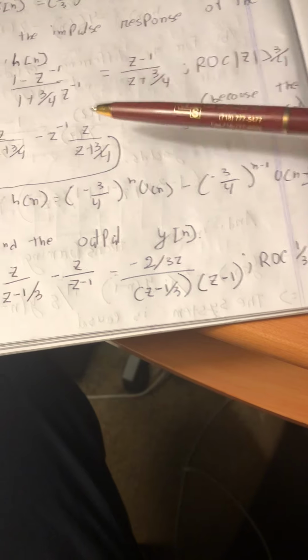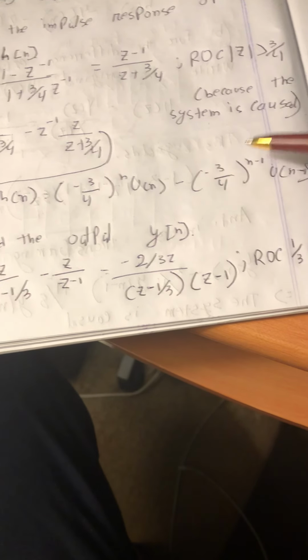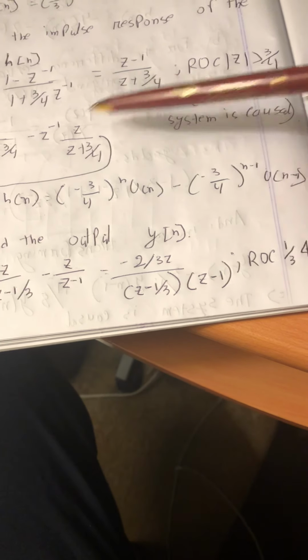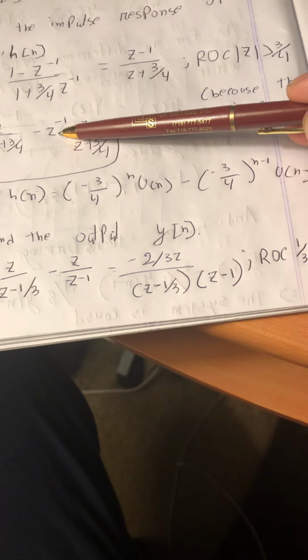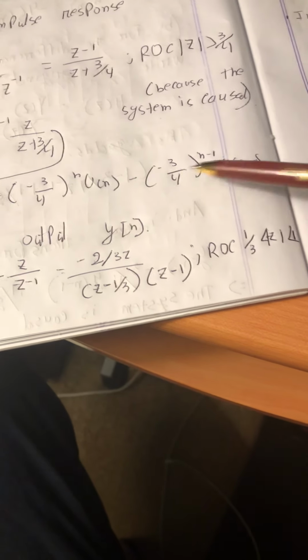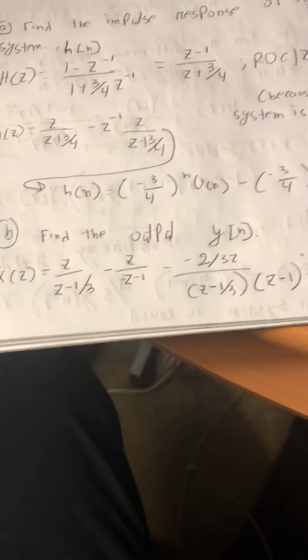Why is n being shifted? Because we have a z inverse, multiplied by the shifted u[n], which is u[n minus 1]. So we have A, and we found the impulse response h[n].